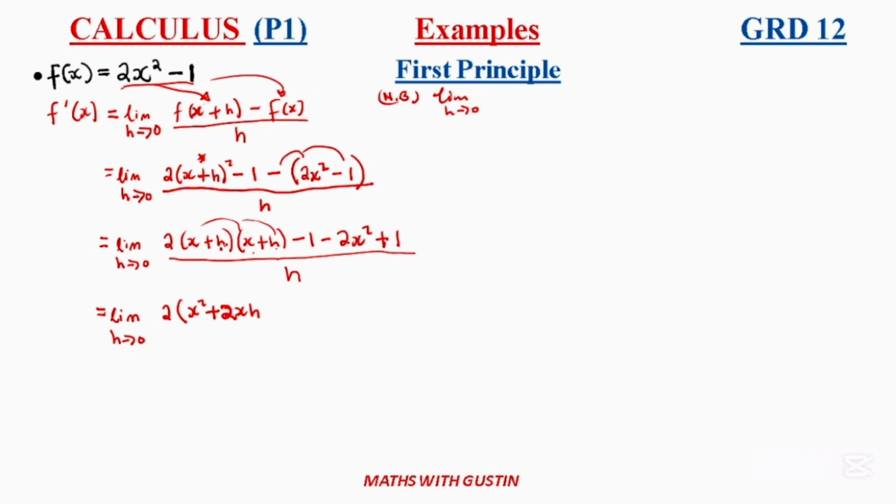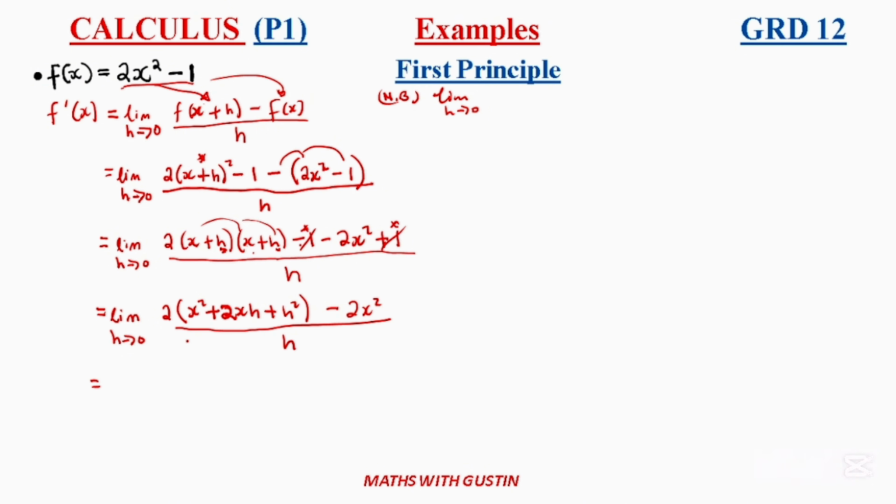You can multiply throughout and just check my math, but I think I'm correct. Last times last, which is h times h, is going to give us positive h squared, close bracket. Here you've got minus 1 and you also got positive 1, so these cancel out. We're only left with minus 2x squared, all over h.